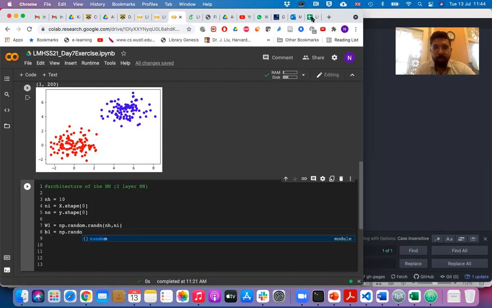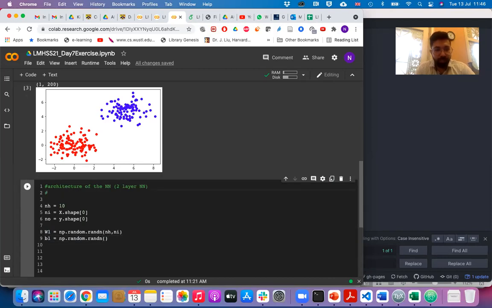So what would be the shape of B1? The number of rows of B has to match the number of rows of W. These are just scalars. So remember that, I'll just write it here. Z1 is W1 times X plus B1.